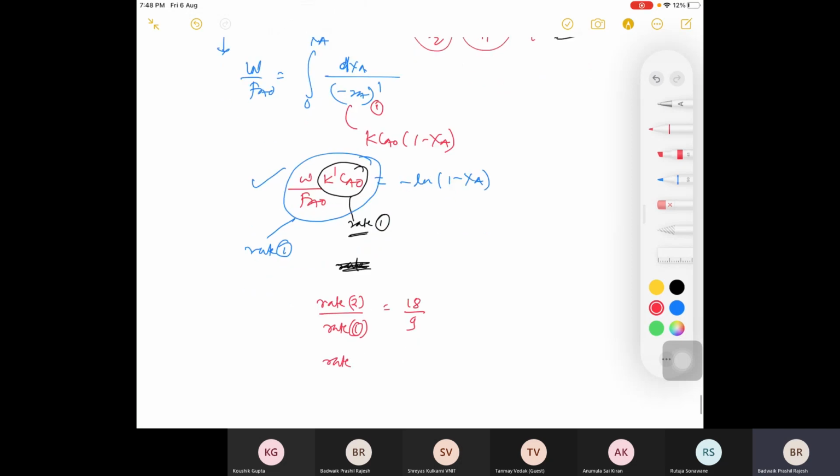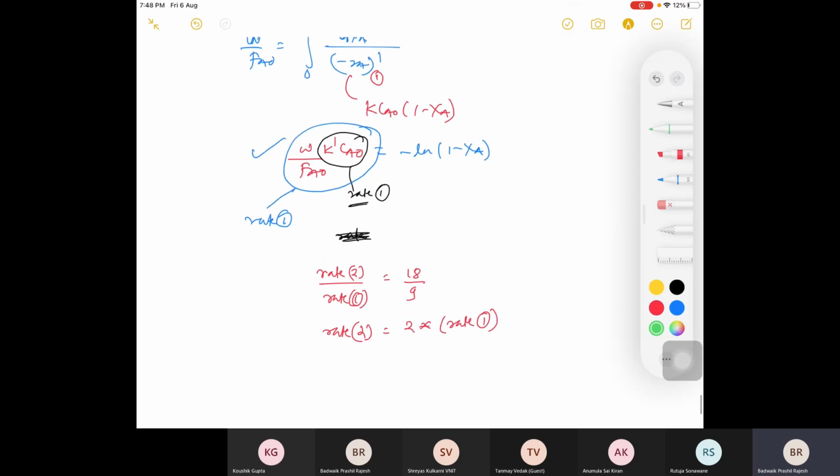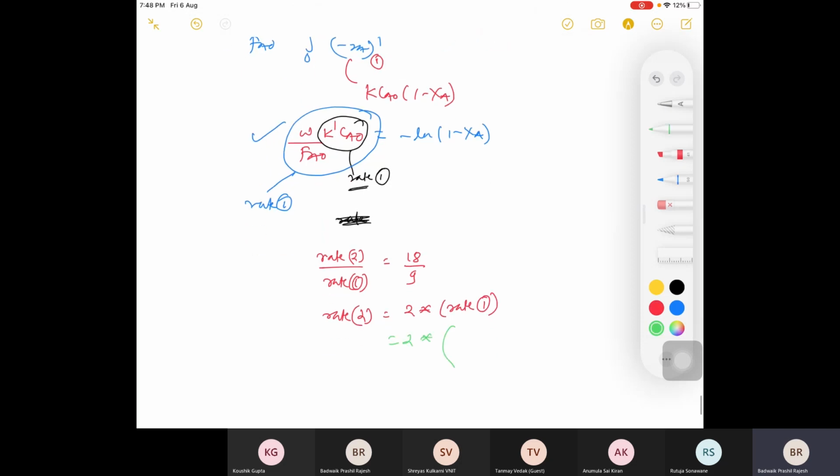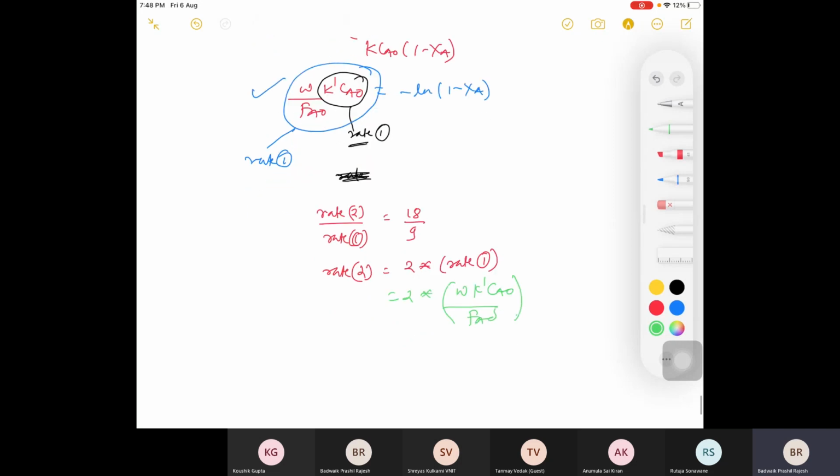So your rate 2 will be equal to 2 times rate 1 for the time being. So you'll be having 2 into W K Ca naught divided by Fa naught. Now you can easily calculate what is your rate 2.